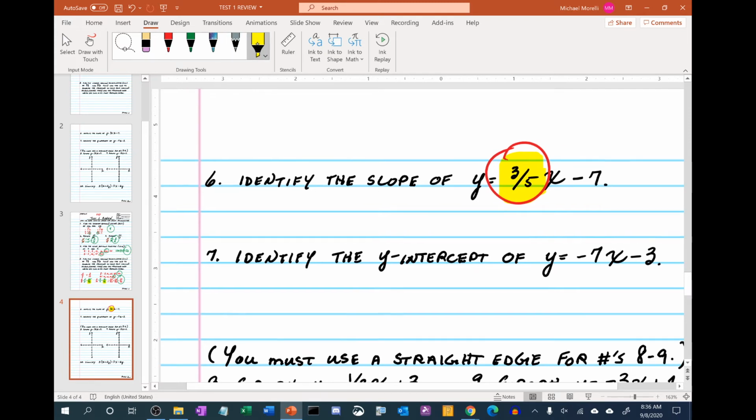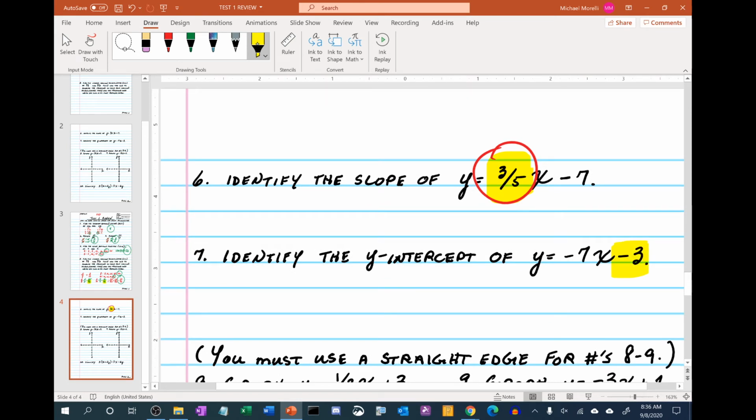This is another identify problem. It's just negative 3. So it could say slope is 3/5, y-intercept is negative 3.